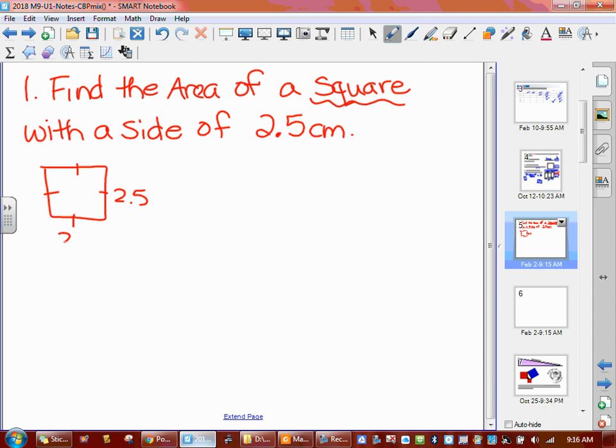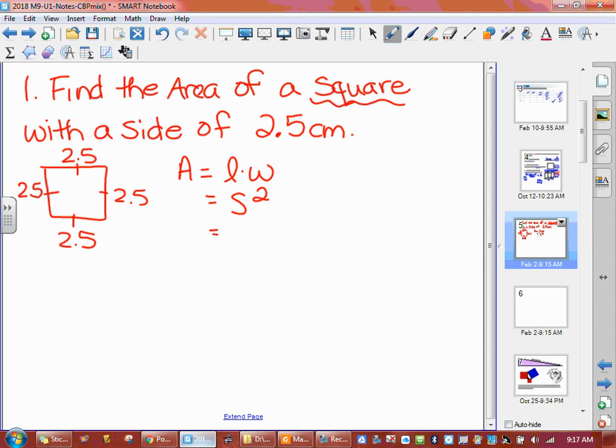All right. If I want the area of a square, I need to take length times width. Well, it just so happens that the length and the width are the same number. For the same number, you can just say side squared. Okay, because it means you need two of the same number, because they're identical size. So now we're going to say it's 2.5 squared.